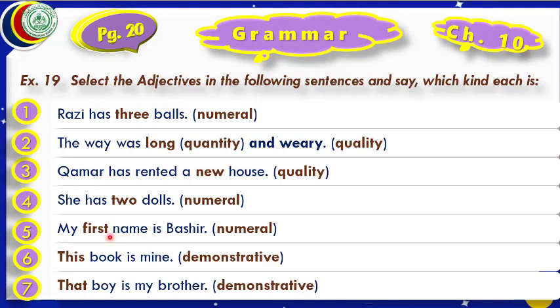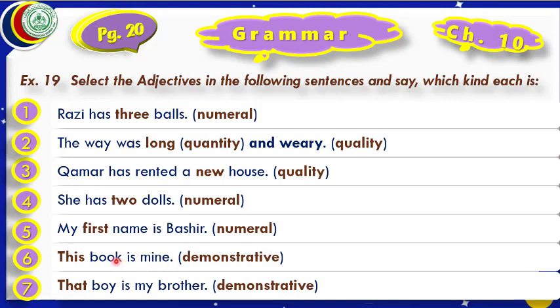We have read in the lesson, when an adjective tells us about the sequence, first, second, third, seventh, that is also a numeral adjective. This book, this is written before the noun. This will be a demonstrative adjective.